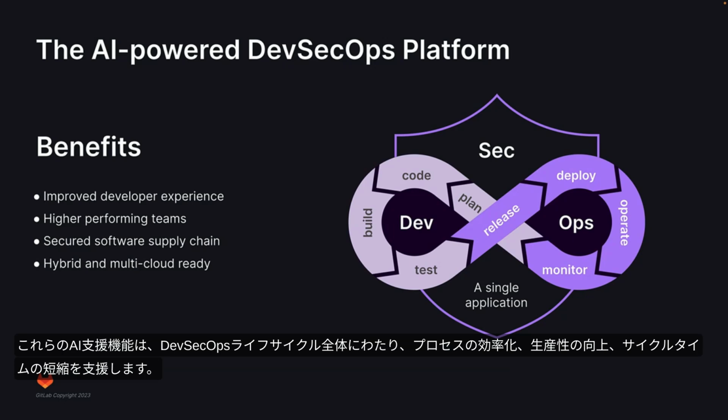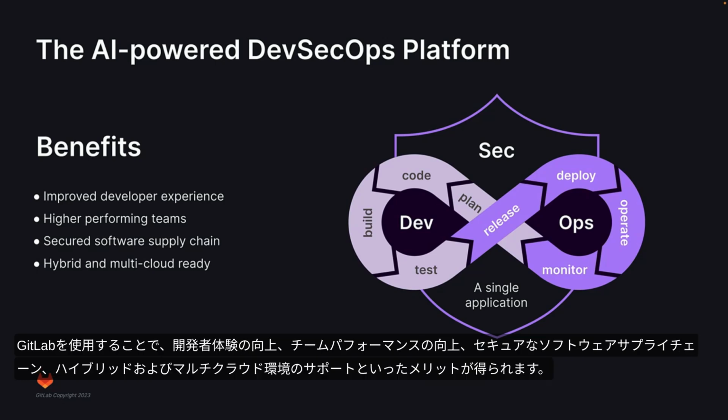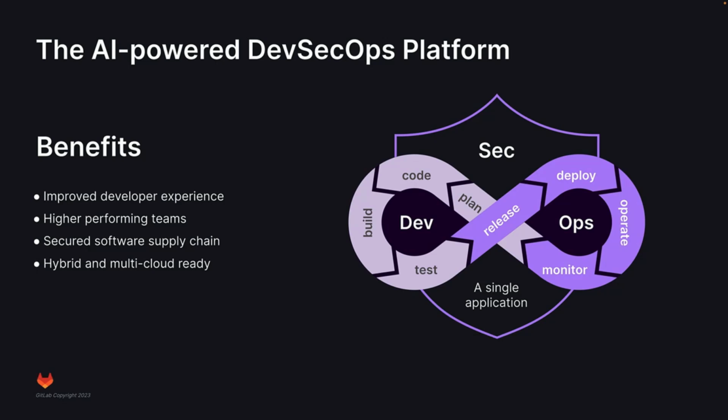These AI-assisted capabilities span across the entire DevSecOps lifecycle to help streamline your processes, increase productivity, and speed your cycle times. Some of the benefits you get by using GitLab are improved developer experience, higher performing teams, secure software supply chain, and support for hybrid and multi-cloud environments.